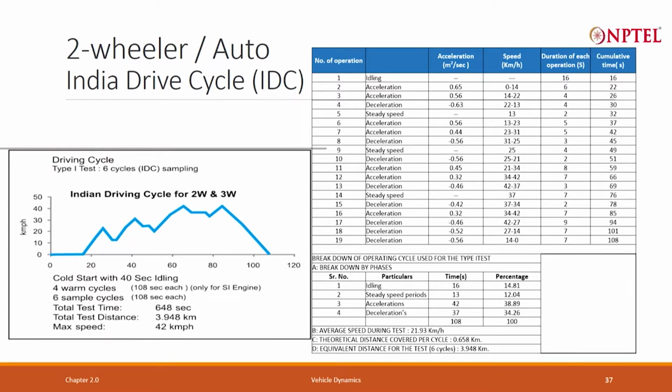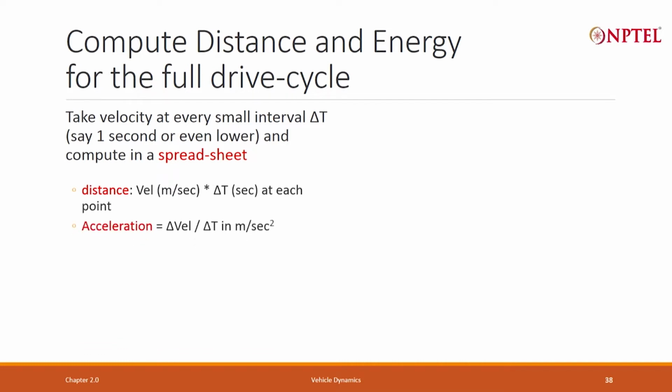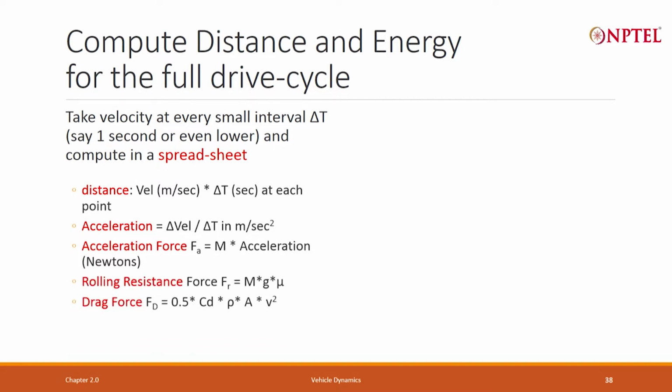Once we know exactly how the vehicle is moving, that is what the standard drive cycle tells us, then we start using whatever we had learned so far to create a spreadsheet, where every second we compute the distance that it will travel, the acceleration, the force required due to acceleration, the rolling resistance force, and the drag force.